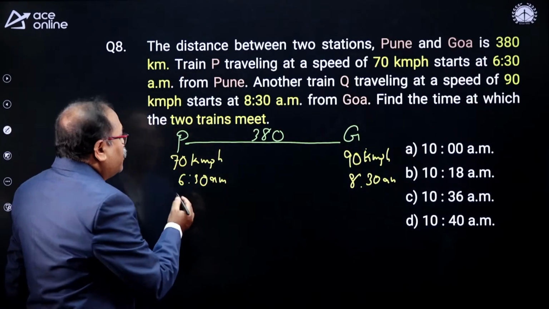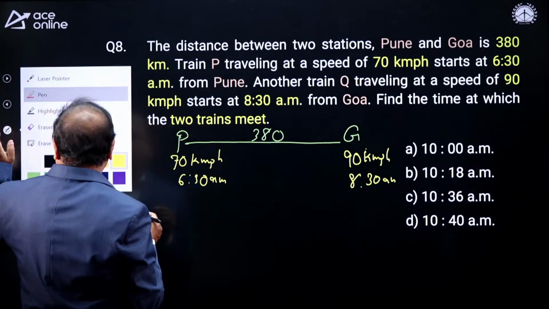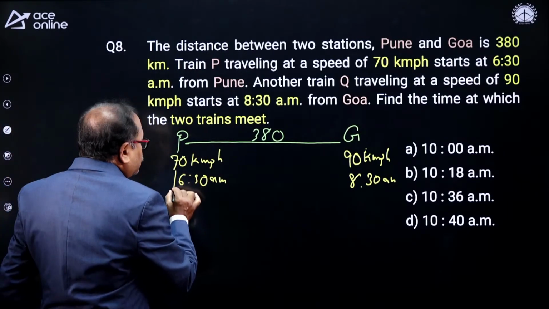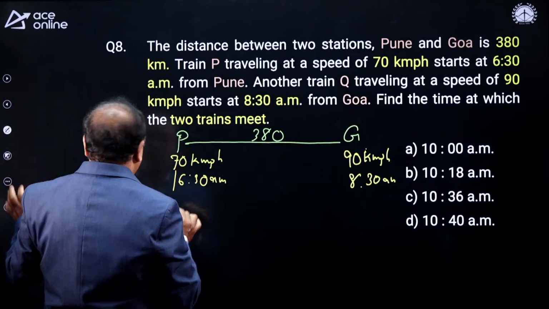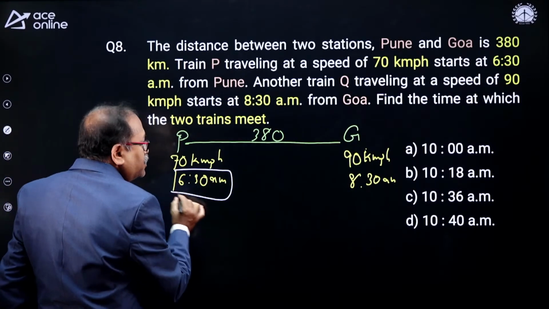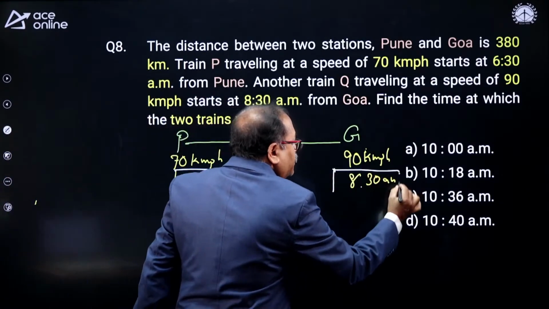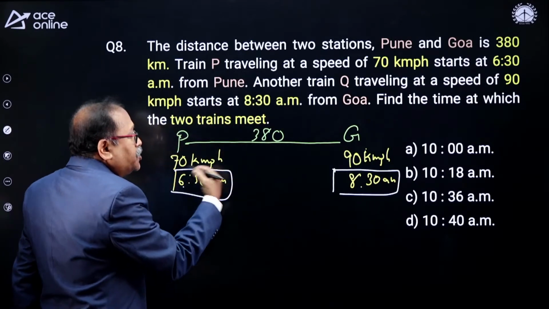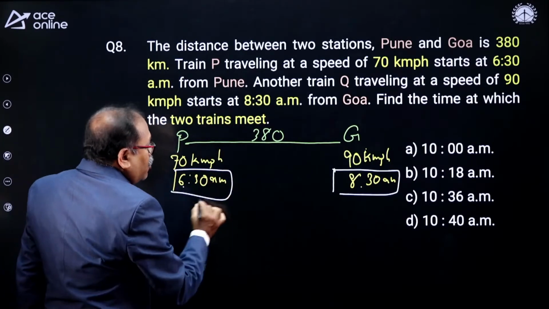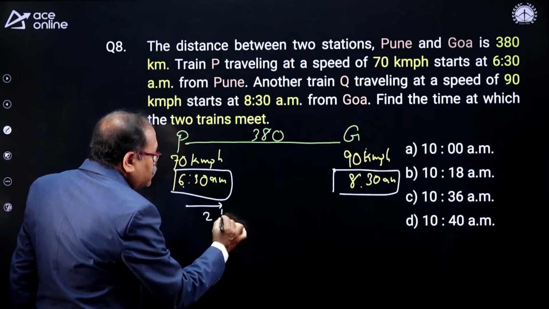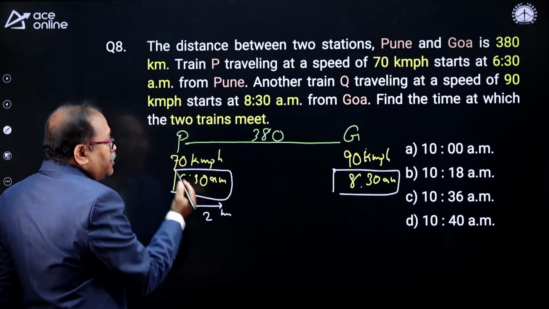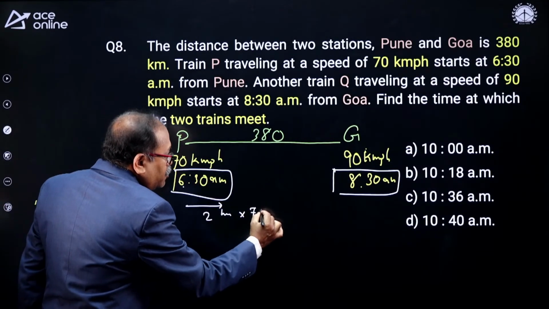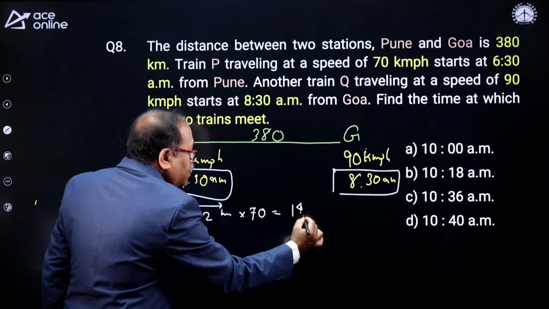Now, what I notice is here, let's check that. This starts at 6:30 and this starts at 8:30. So from 6:30 to 8:30, this train already traveled for 2 hours. In 1 hour it covers 70 km, in 2 hours 2 into 70, that is 140 km.